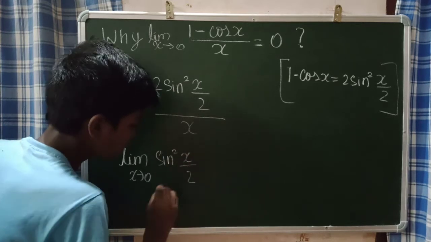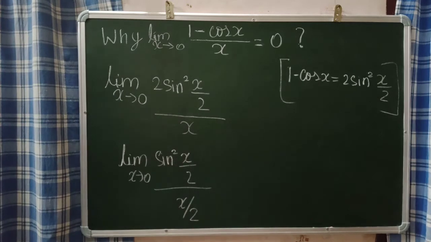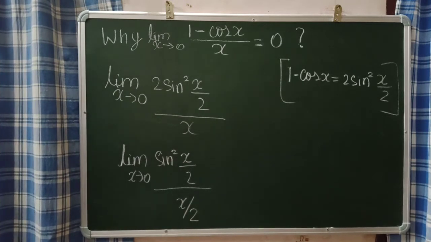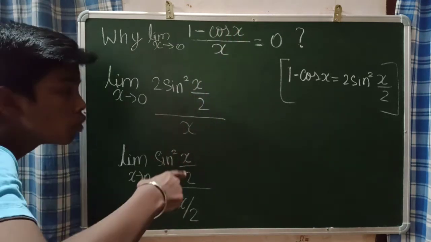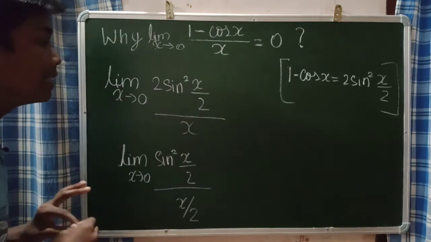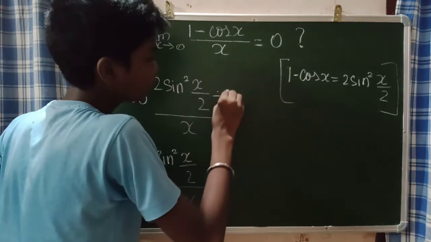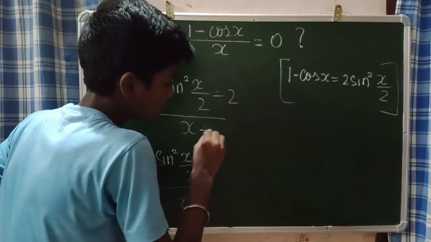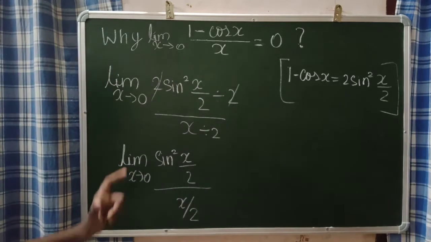When you divide 2 in the denominator, you get x by 2. So 2 sine square x by 2 divided by 2 will be sine square x by 2, as the 2 and 2 cancel, and x divided by 2 will be x by 2. So the 2 gets cancelled and you are left with sine square x by 2 divided by x by 2.